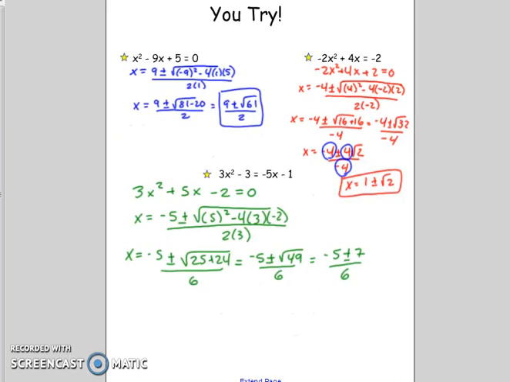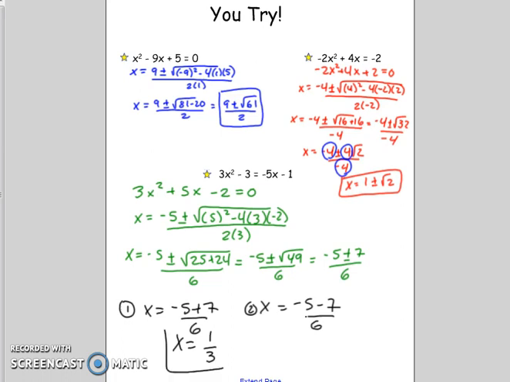Since negative 5 plus or minus 7 over 6 is what x equals, you're going to do it when x equals negative 5 plus 7 over 6, and also when x equals negative 5 minus 7 over 6. So with negative 5 plus 7 over 6, we're going to get x equals 1/3. And when x equals negative 5 minus 7 over 6, we're going to get x equals negative 2.